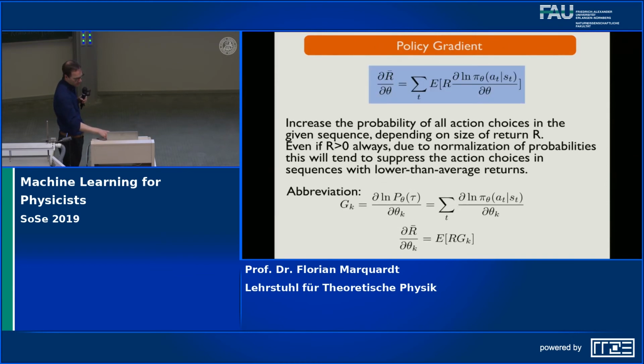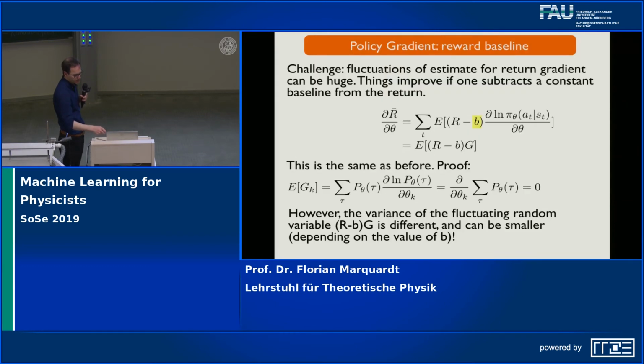Now remember how G was defined as d log p over d theta. P was really the probability for a given trajectory. If I want to average this over all trajectories, I should simply multiply this expression by p of tau and sum over tau. That's what I do: sum over tau, p of tau times d log p.